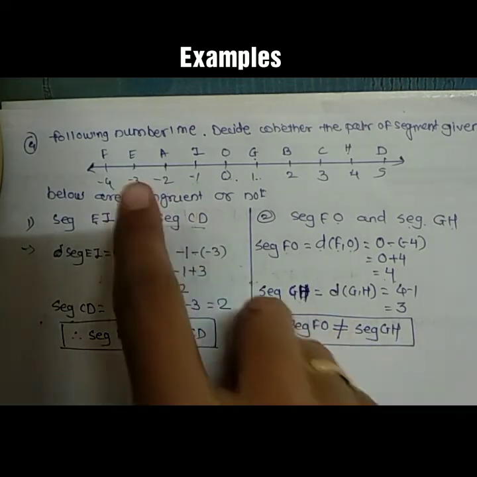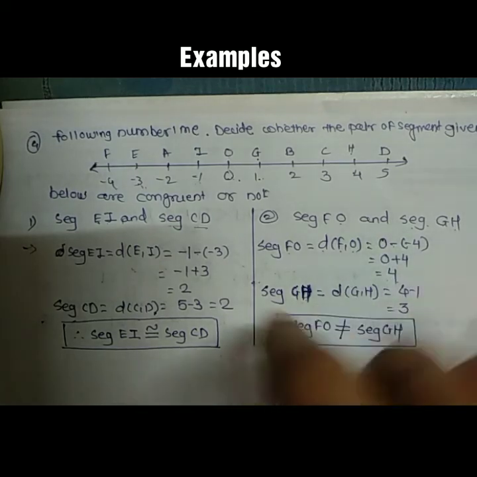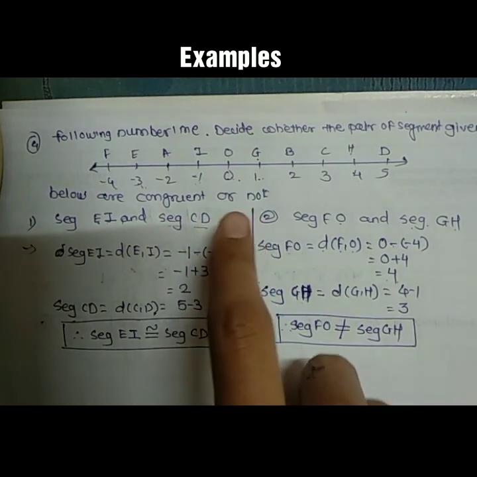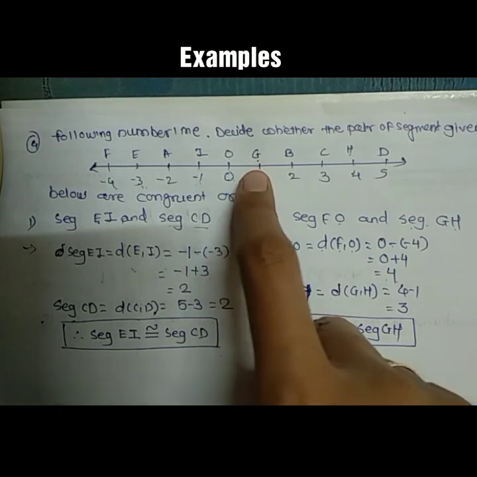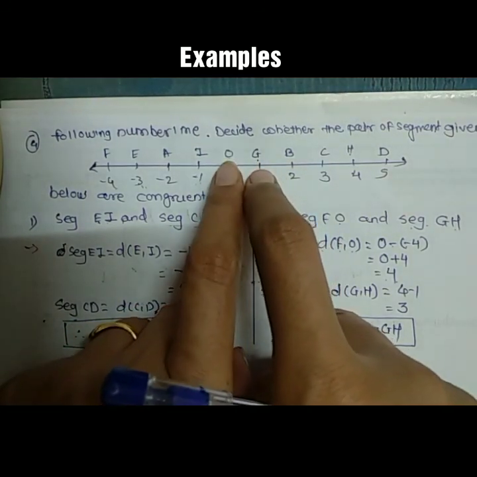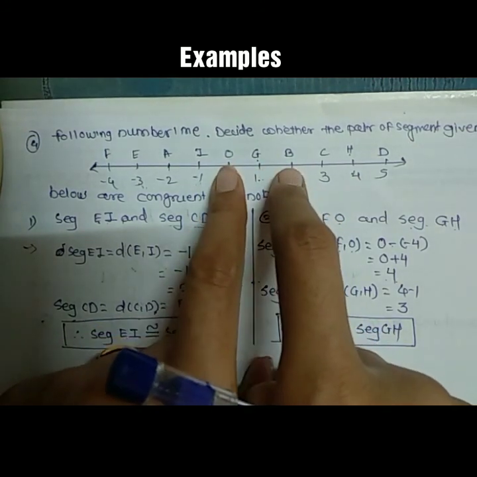Let's see in the number line. Now tell me the pairs of points equidistant from point G. From point G, O and B are equidistant at 1 unit.